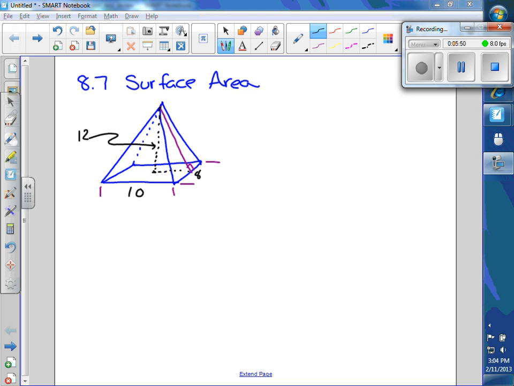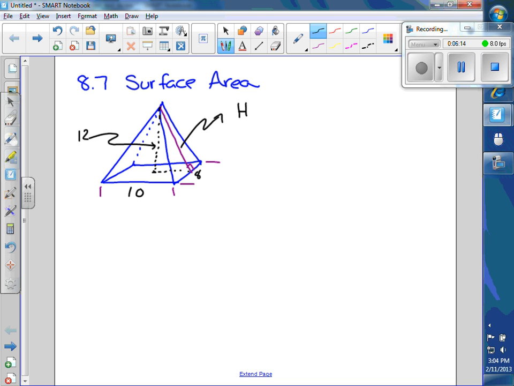If you had a triangular pyramid or a square or rectangular pyramid here to do surface area, and you weren't given this, eventually you should be able to figure it out. Anybody tell me why? Yeah, Luke?